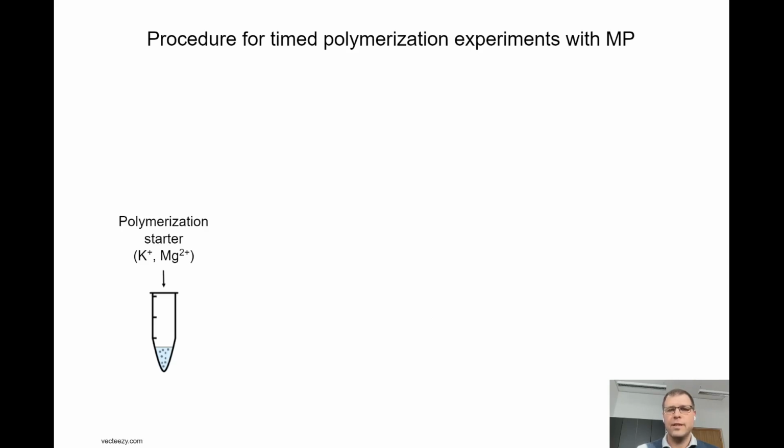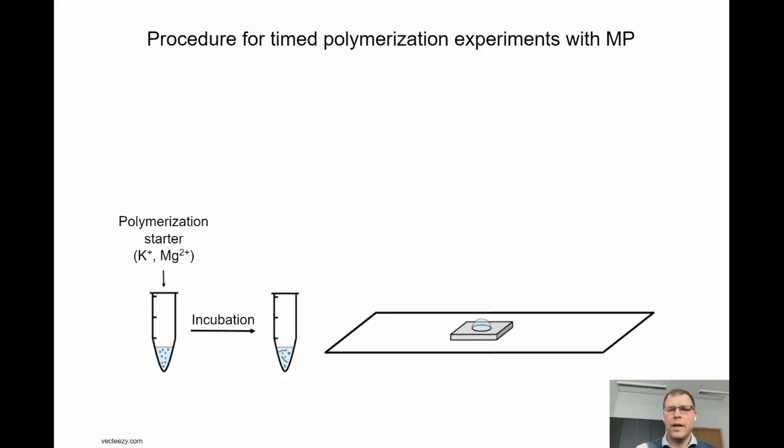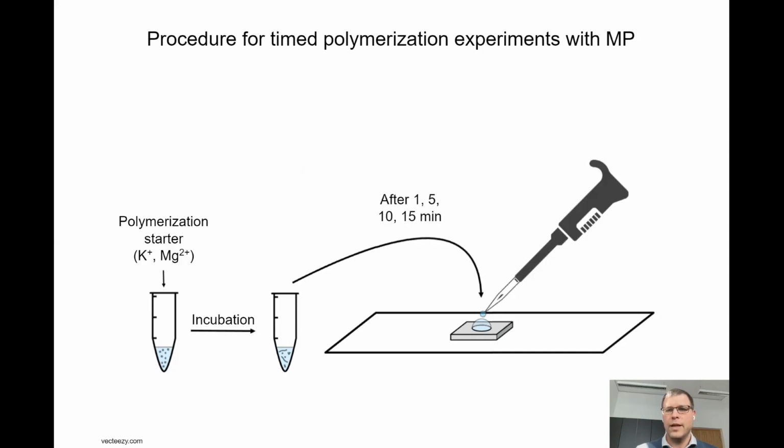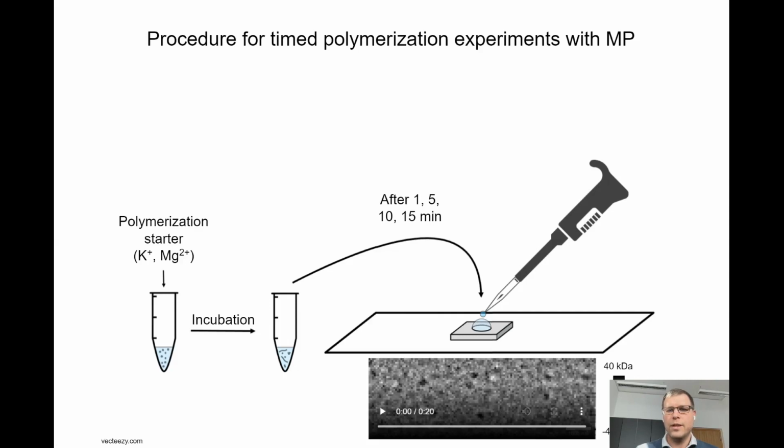And the way I've done it, I've taken a monomeric actin solution, added the polymerization starters, let the polymerization incubate for a while, and after different time points, I pipetted some sample out of that polymerizing solution into a cover slip with a droplet of buffer, and immediately watched landing of the molecules that had formed after these different time points.